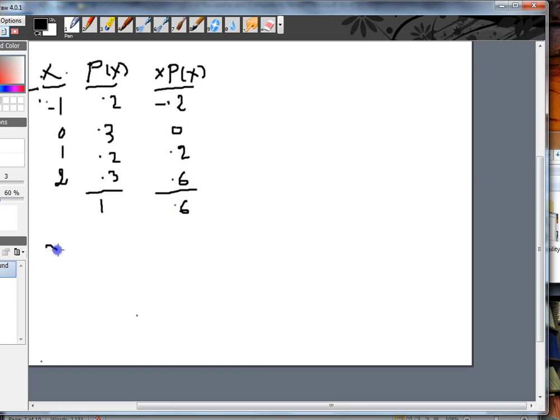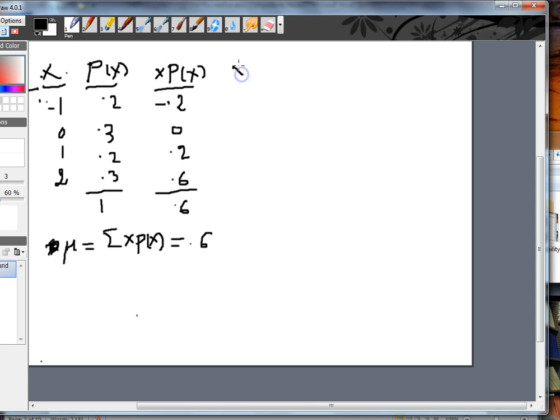So my mean, mu, since we're dealing with the population mean, is equal to, the formula is the summation of x times p of x, and that's simply 0.6. Okay. Let's find the variance.